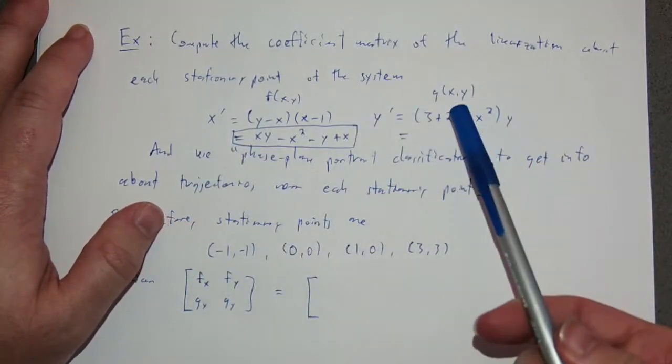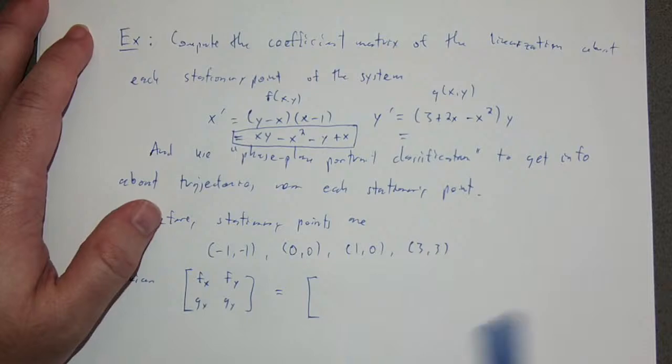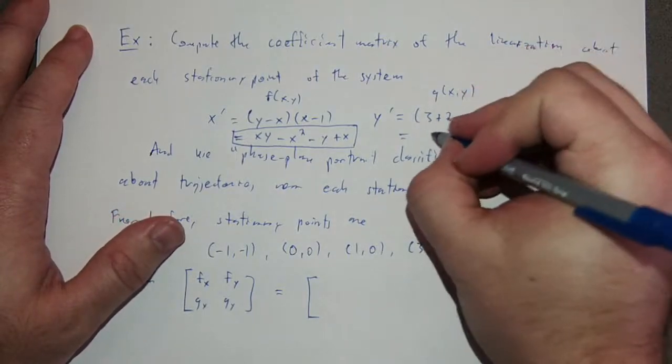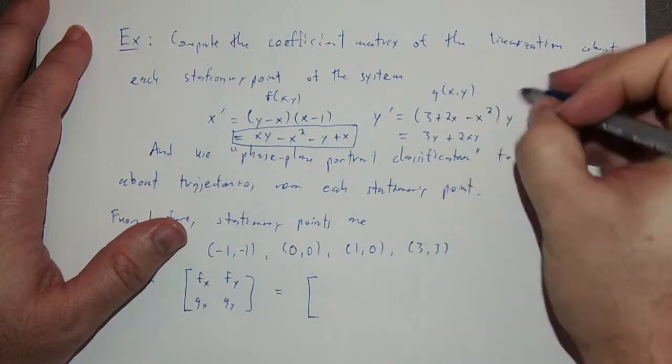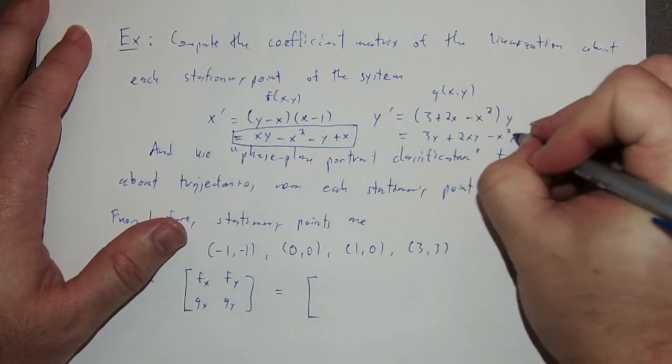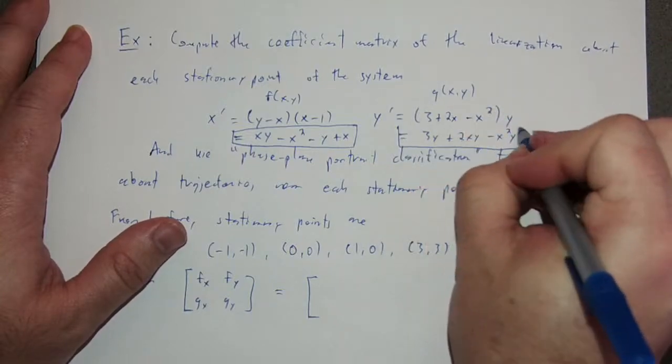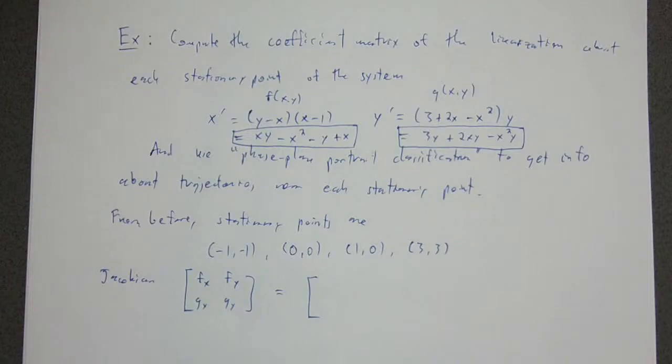And what I get for g is 3y plus 2xy minus x squared y. Okay, so now this makes computing these partials easier.